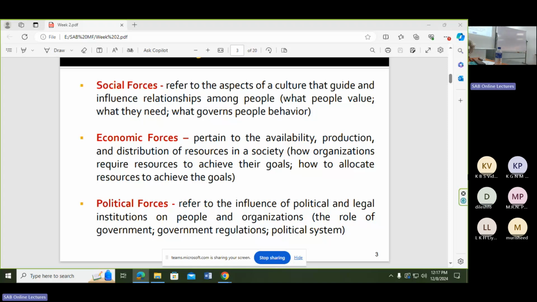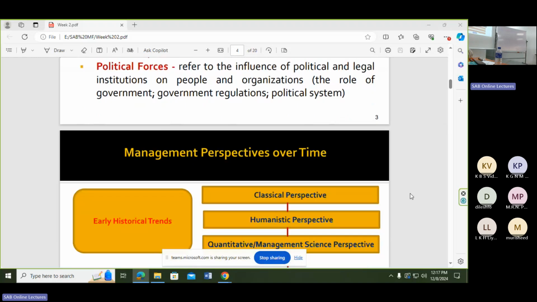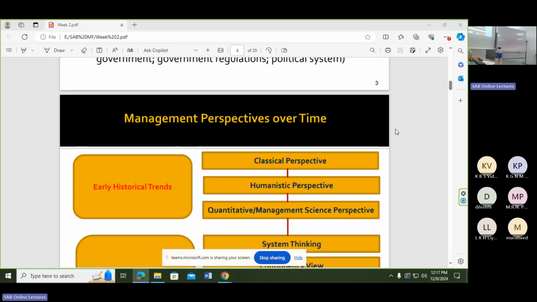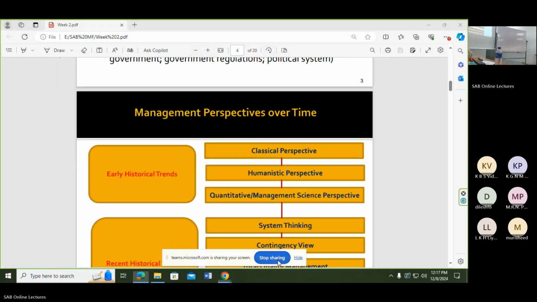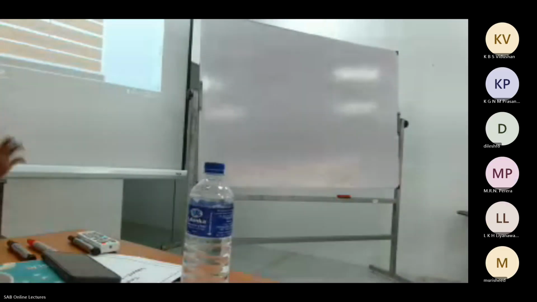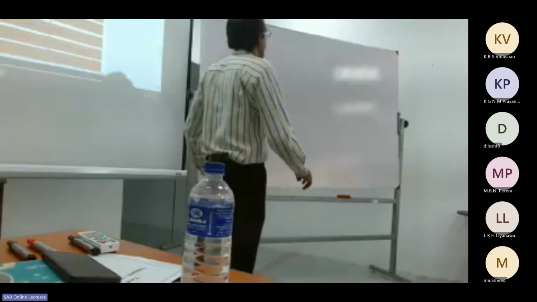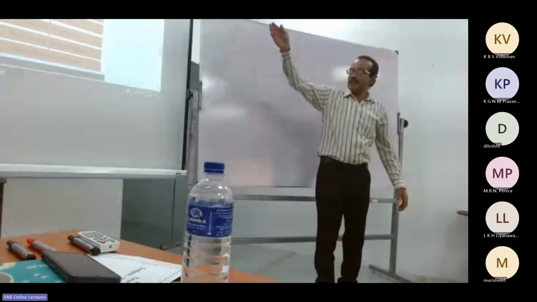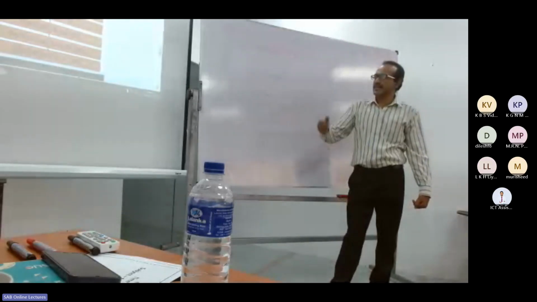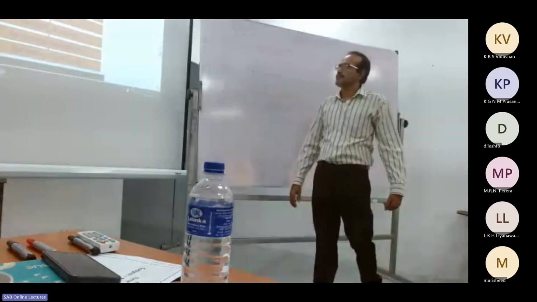After that, we will come to the main part of the lesson: how the evolution of management perspectives over time can be configured. To configure them, we can use this diagram. These two things are presented in the left boxes as early historical trends and recent historical trends.